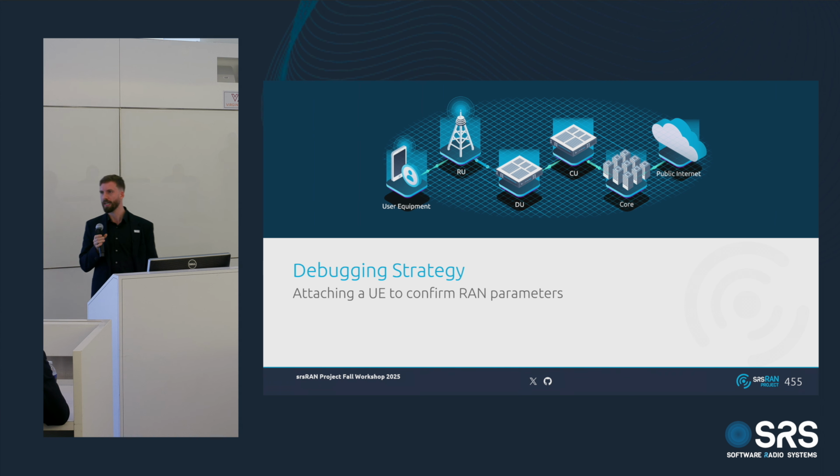Okay, so now we are at the point where test mode is running. We don't see any issues in the log file anymore. The next step is now to attach a UE to confirm that the COTS UE stays attached to the network.